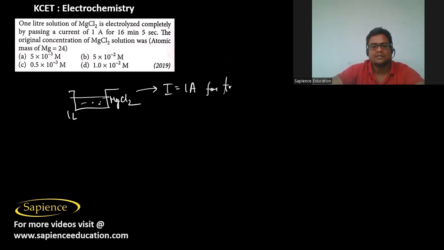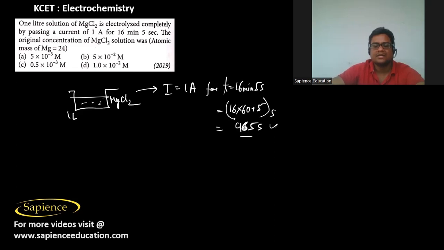So the time t is 16 minutes 5 seconds, or I can tell 16 into 60 plus 5 seconds, which is 965 seconds. Then the original concentration of MgCl2 solution was?